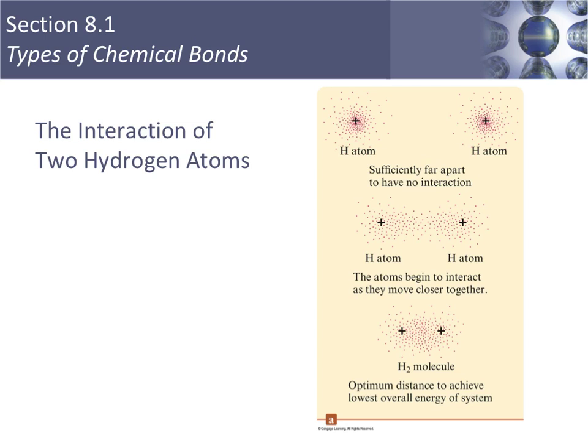So you have the repulsion of electrons to each other, you have the repulsion of the positive nuclei between each other, and you also have the attraction of the electrons to the nucleus of each atom. So when we do this, what we end up with is an optimum distance where all the forces are balanced as much as possible, and we have the lowest energy state, and I'll show that on the next slide.